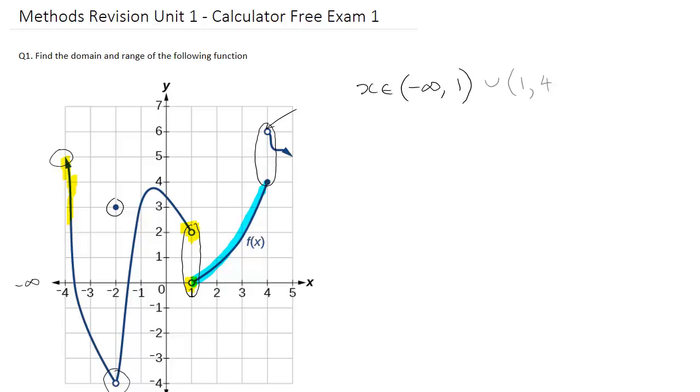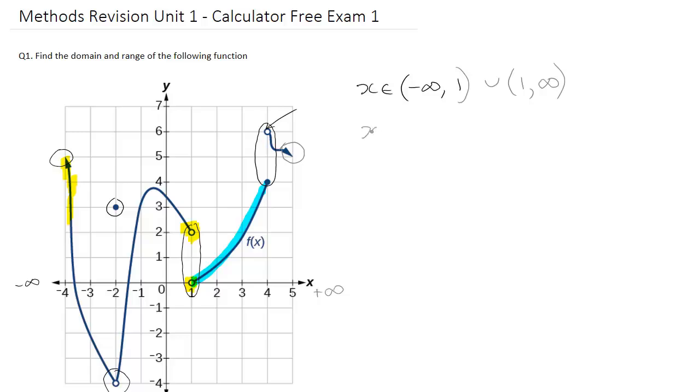Because you are including 4, you then look at the next part of the graph, and that seems like it's going all the way up to positive infinity. So you don't actually have to break up the function here because it's still clearly going to be including the value of 4. So you can directly just say infinity, with a circular bracket here. So that's one way of expressing it.